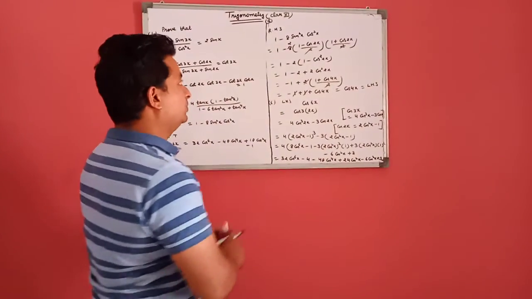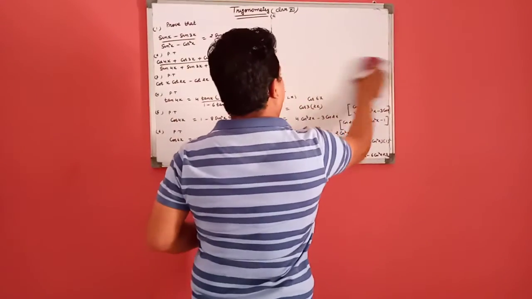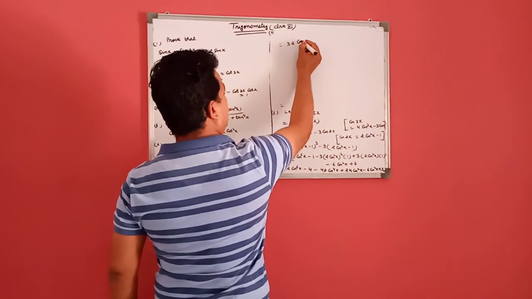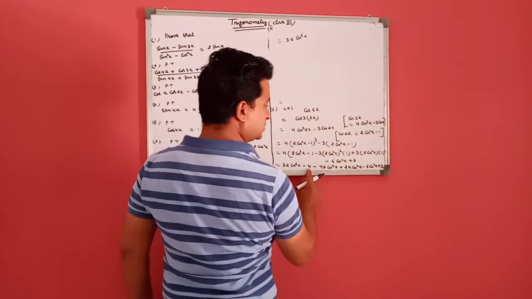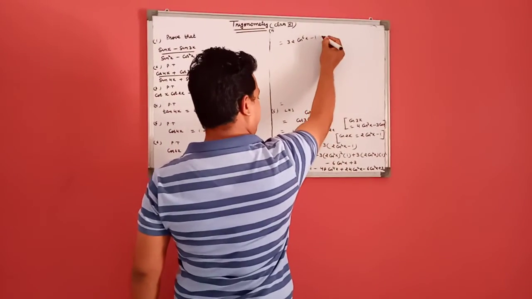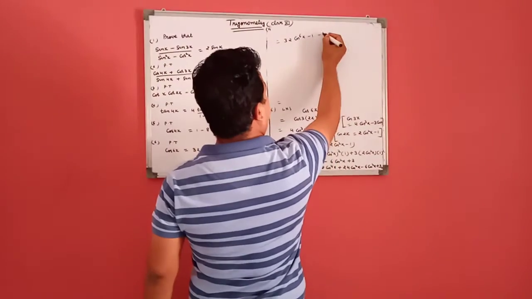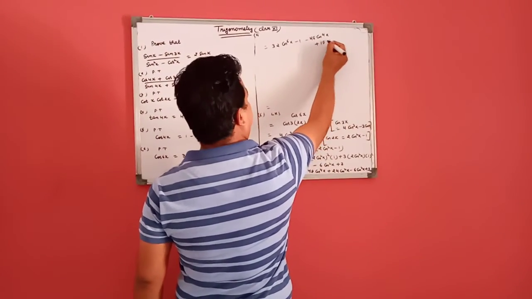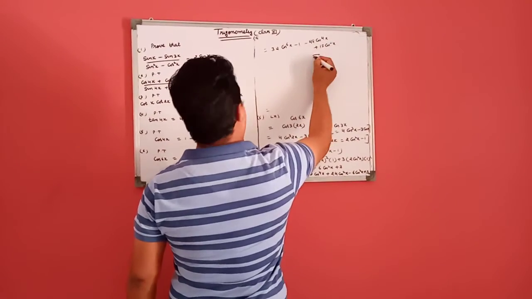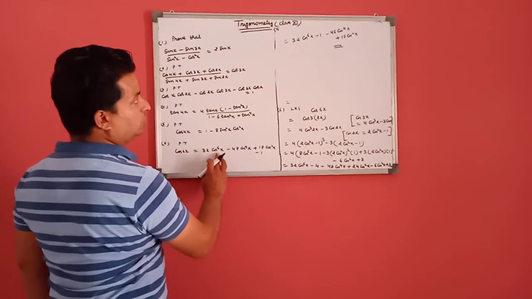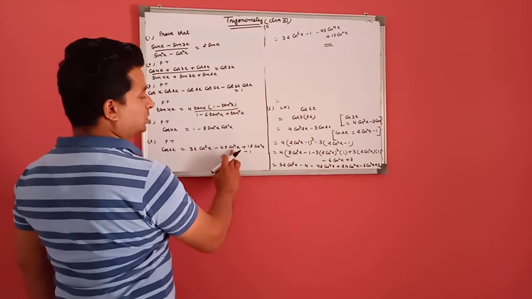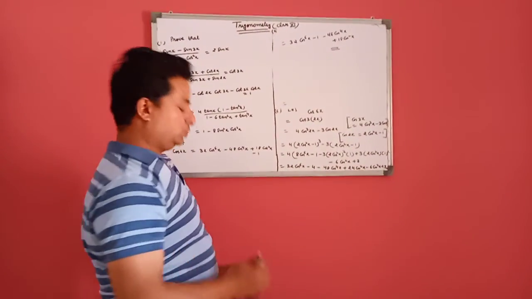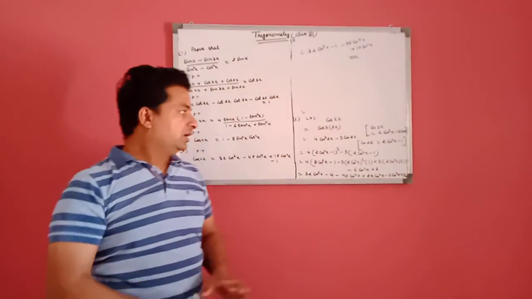When we solve this, we get 32 cos 6x minus 4 plus 3 is minus 1. This is 48 cos 4x. This is 18 cos square x. This is the right hand side. 32 cos 6x, 48 cos 4x plus 18 cos square x minus 1. This is the solution of question number 6.